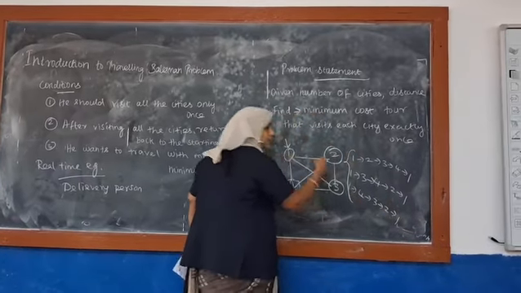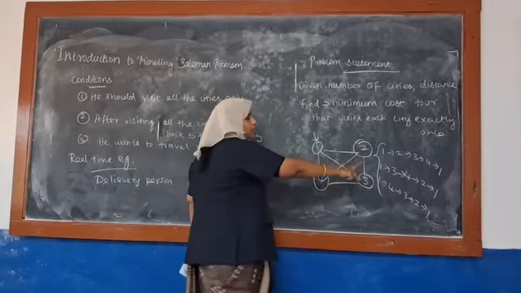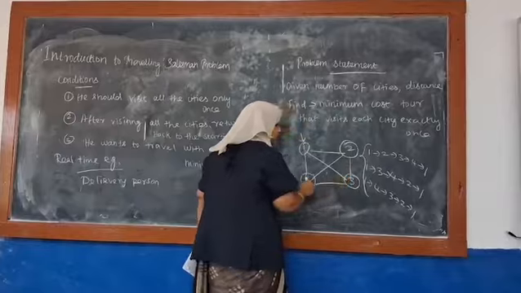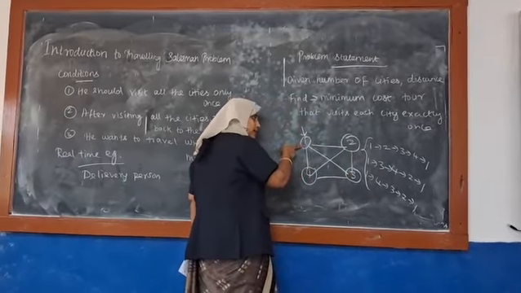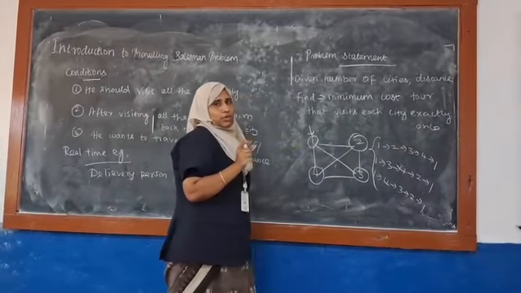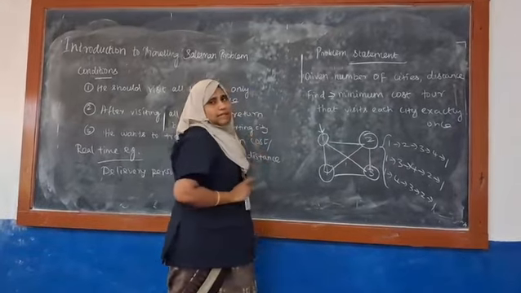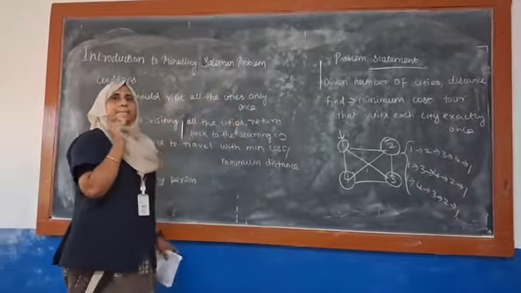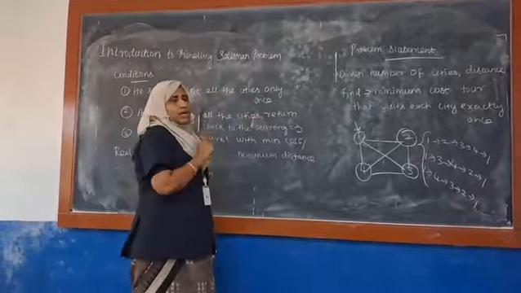So it may be in any order, but he has to visit all the cities only once, and he has to go back to the starting city with the minimum cost. That is the main goal of this traveling salesman problem. For this we are using the branch and bound technique for solving this problem.